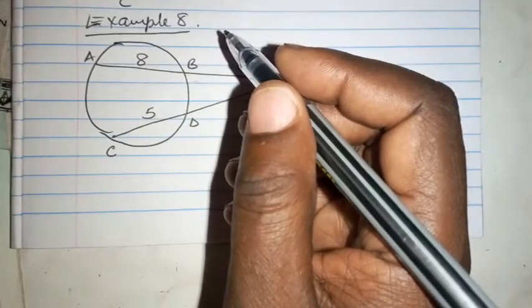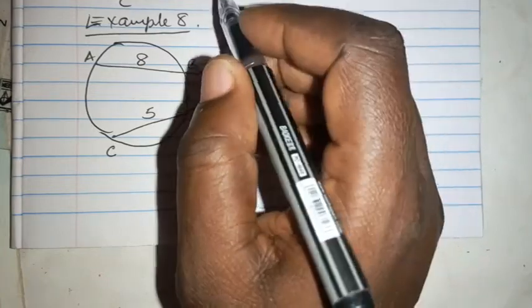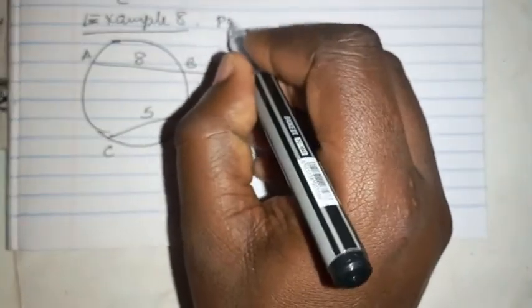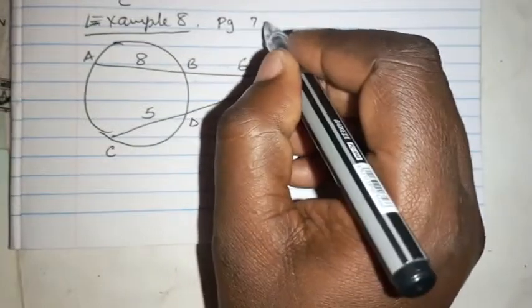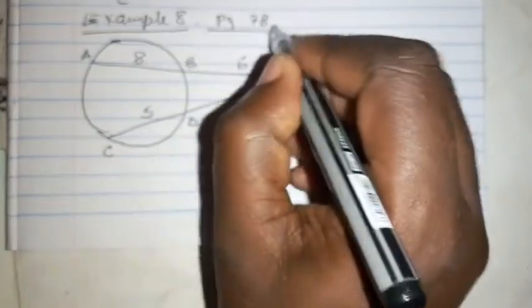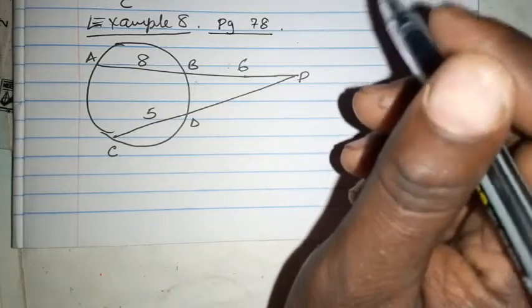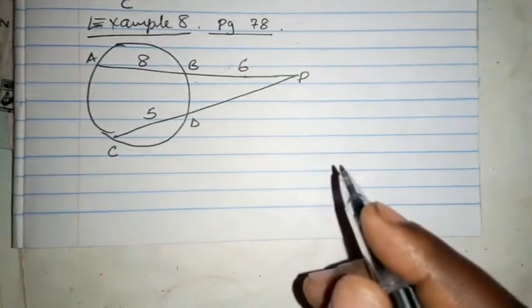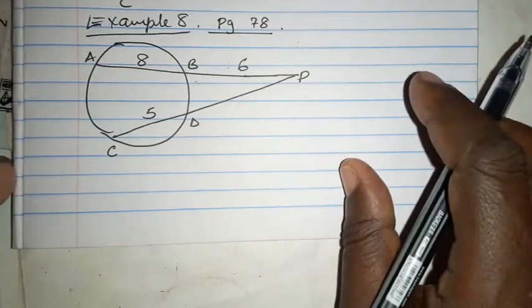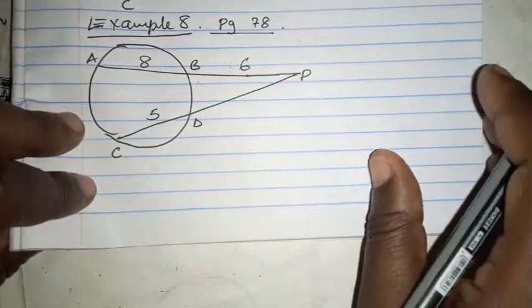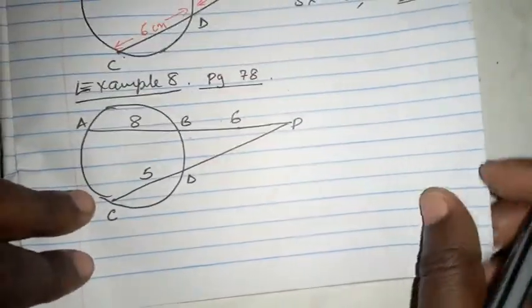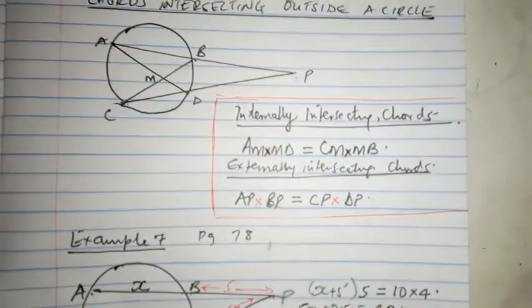IGCSE Shape and Space 6, example 8 on page 78. In the previous video we reminded ourselves how to calculate chords which intersect internally and externally.